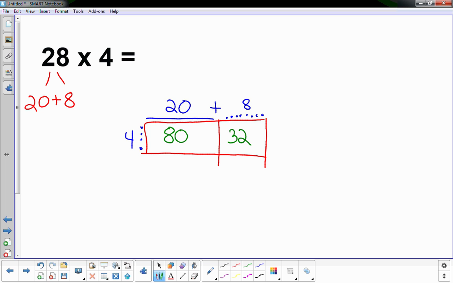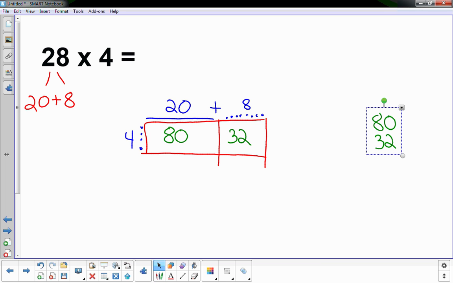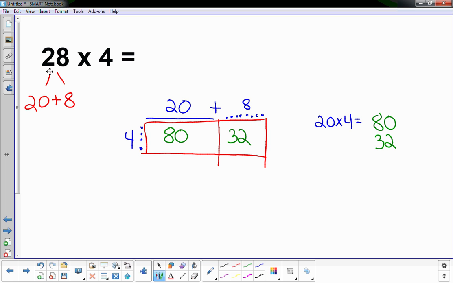And then we just add them on the side. 80 and 32. Some students will want to label these. I'll show you what I mean in a minute. Or some teachers will have them do that. Well, they'll actually go 20 times 4 is 80. 8 times 4 is 32.